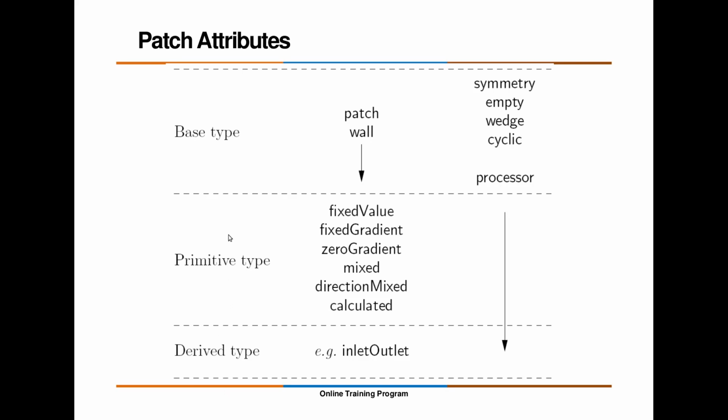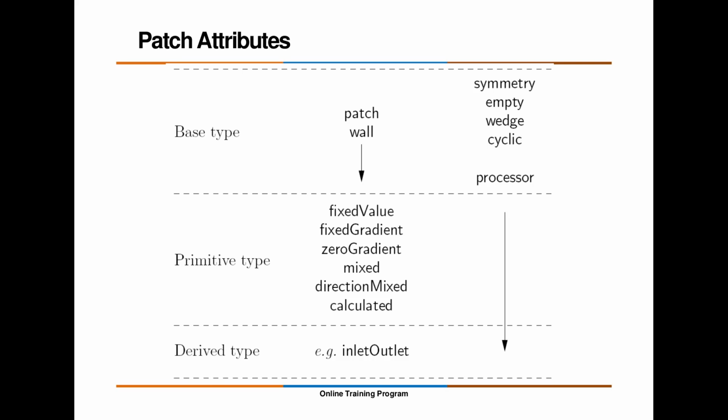Both come under the numerical type only. In the primitive type we have fixed value, fixed gradient, zero gradient, mixed, directional mixed or calculated. And derived types like inlet-outlet, oscillating, time varying, all come under the derived type of conditions. So there are segregated groups of boundary conditions.